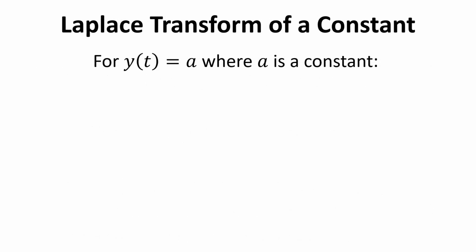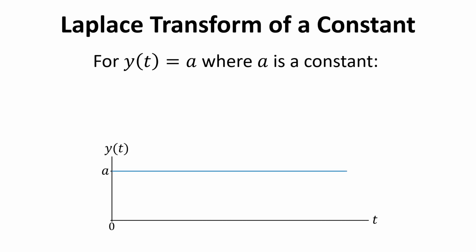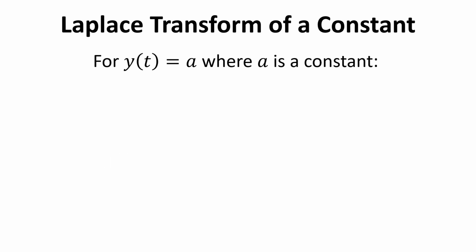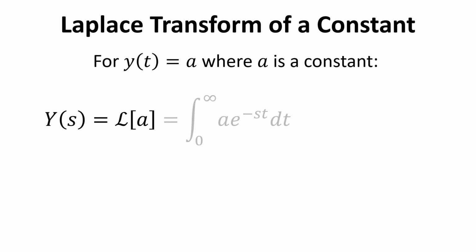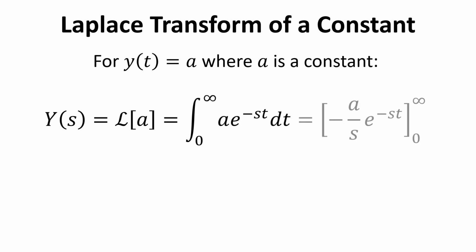First of all, let's look at what happens when we take the Laplace transform of a constant. We have y of t equals a, where a is a constant. If we look at a graph of y of t versus time, it's just a horizontal line. So we have capital Y of s equals the Laplace transform of a. We put that into the integral and then evaluate it.